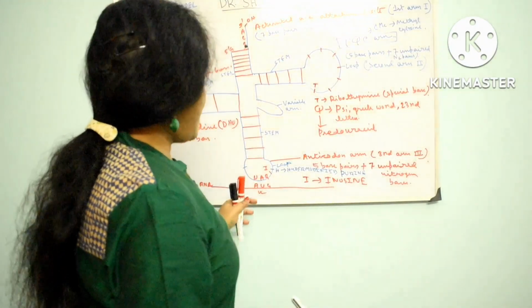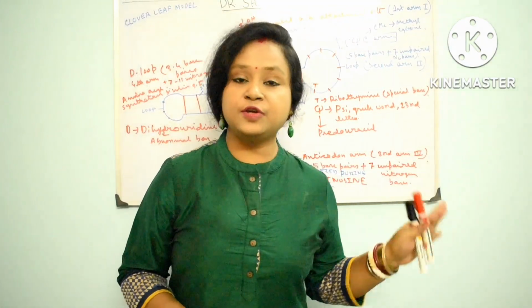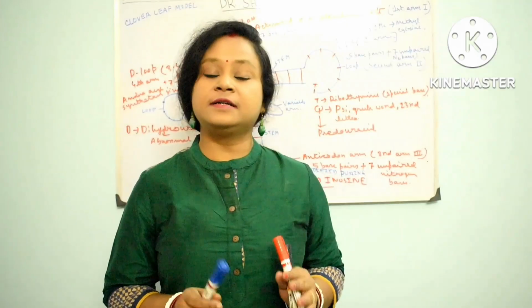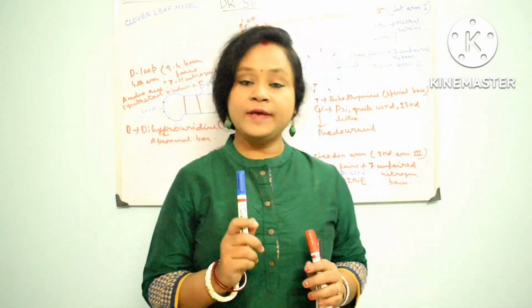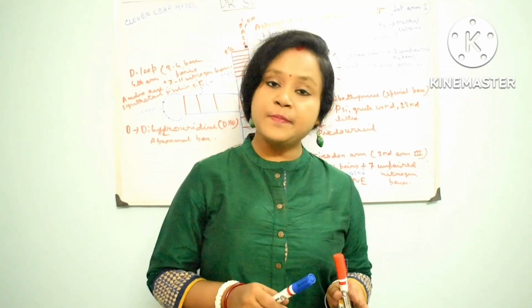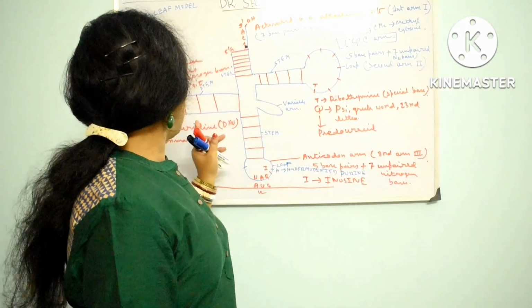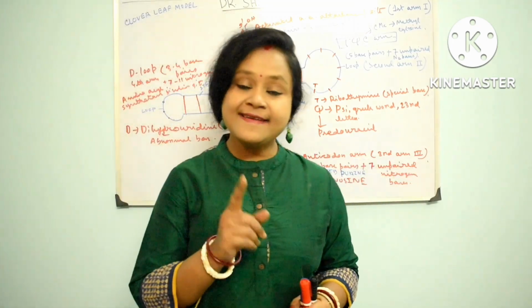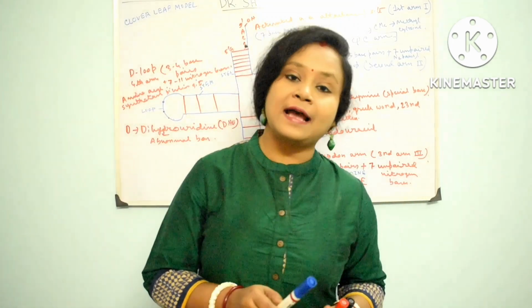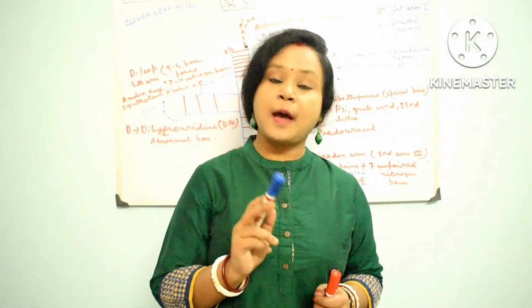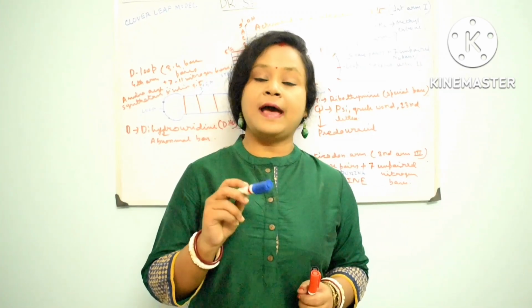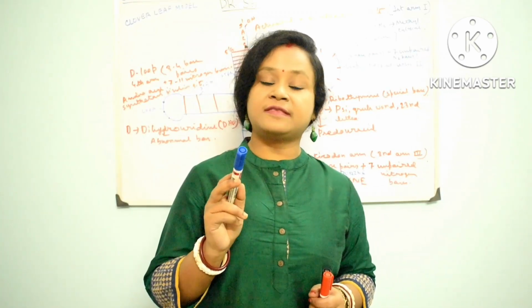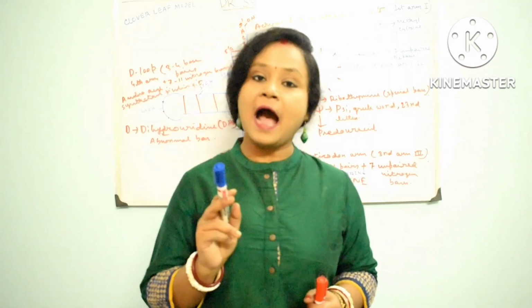So the anticodon arm will decide the type of amino acid which will attach to the 3' end. And the fourth arm is also called the aminoacyl synthetase binding site. This enzyme recognizes and activates the amino acid so that it is attached to the 3' end of tRNA.